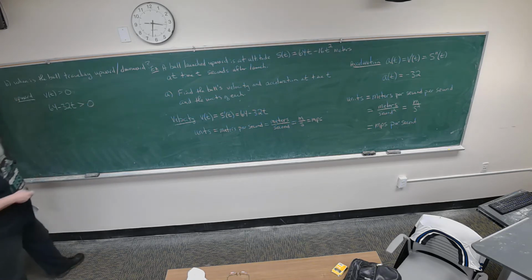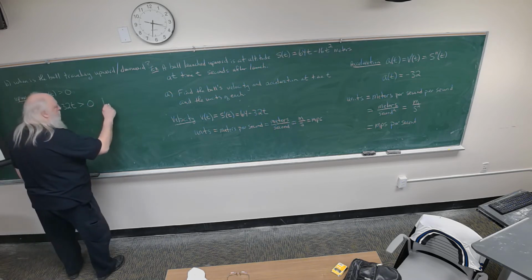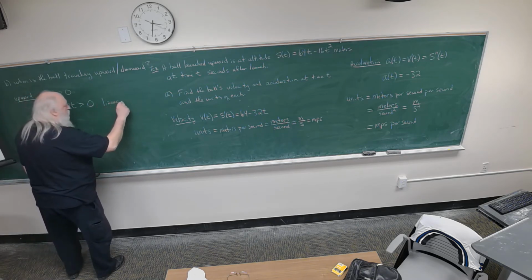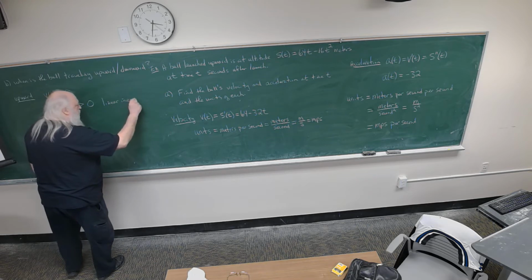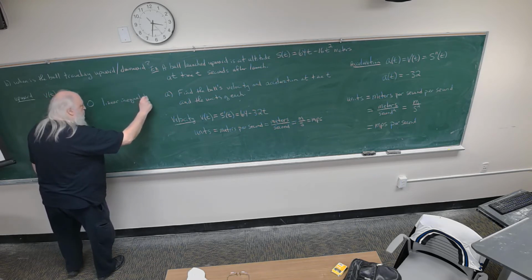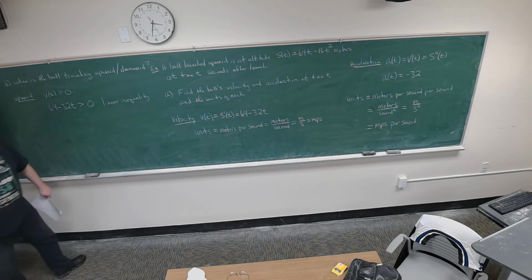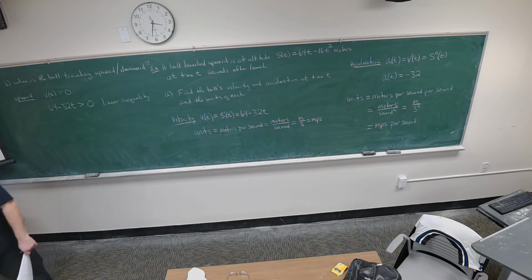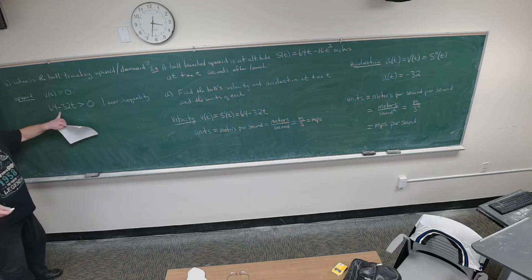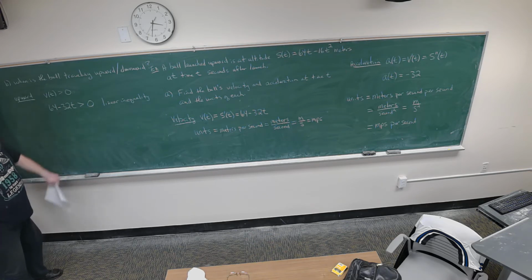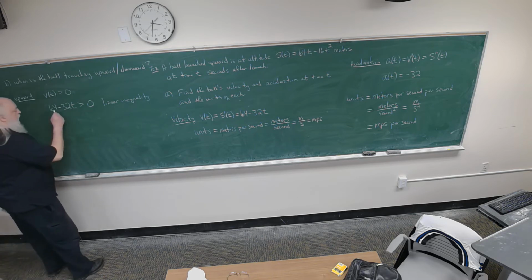So this is a linear inequality. And since we all have excellent pre-calculus skills, we know how to solve that, right? So this is linear. So we just solve for t like you would if this was an equal sign here. So we're going to subtract 64 from both sides.